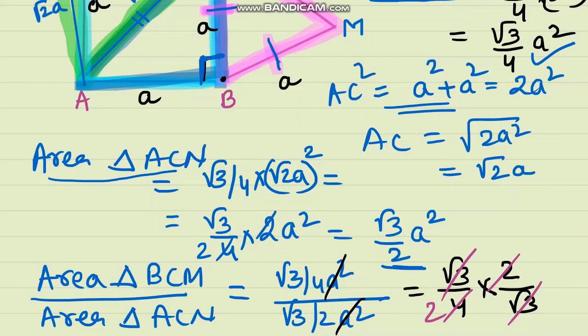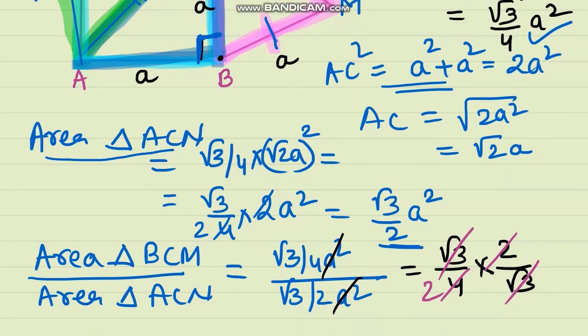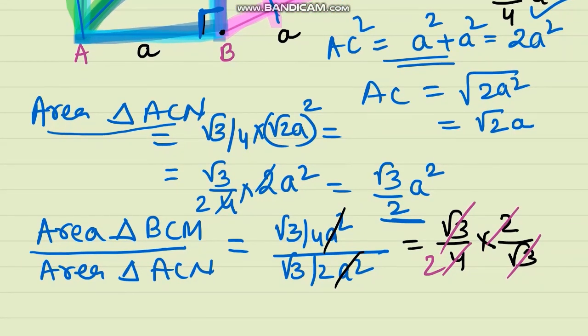Now from here you can see that area of triangle BCM by area of triangle ACN is equal to 1 by 2.